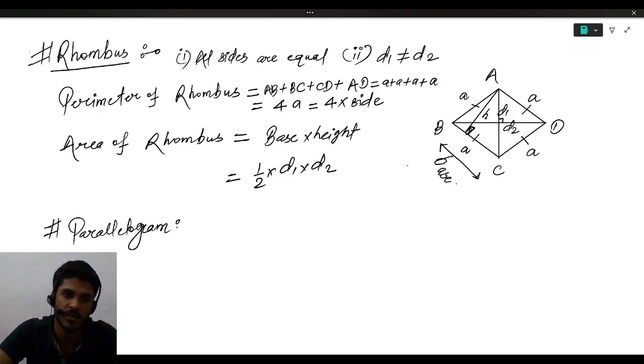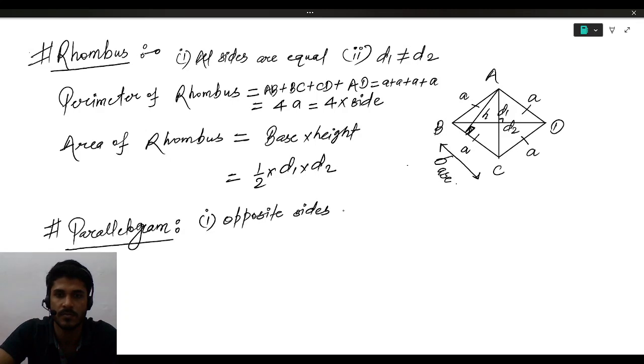So what is a parallelogram? The simple basic definition says that a parallelogram has opposite sides equal and parallel. Opposite sides are equal and parallel.